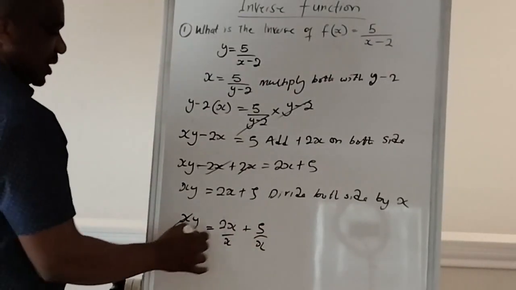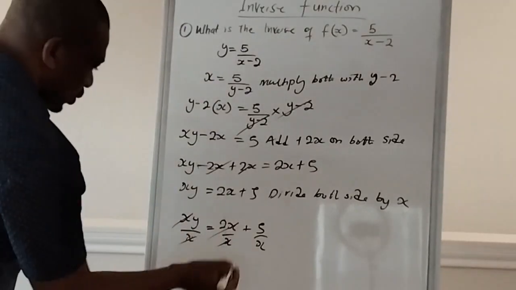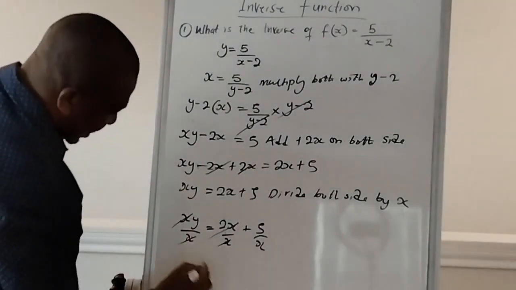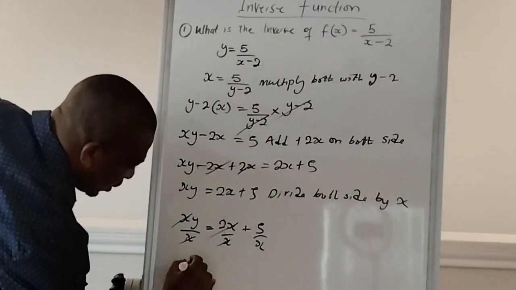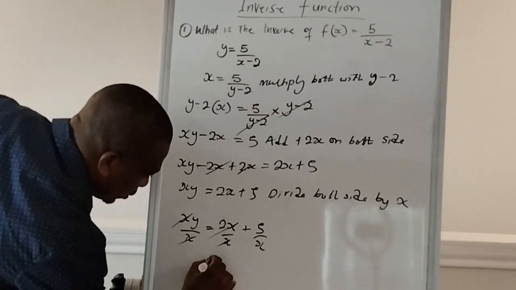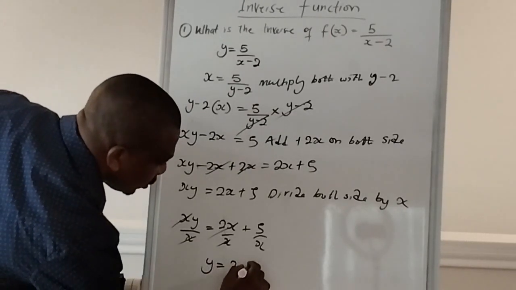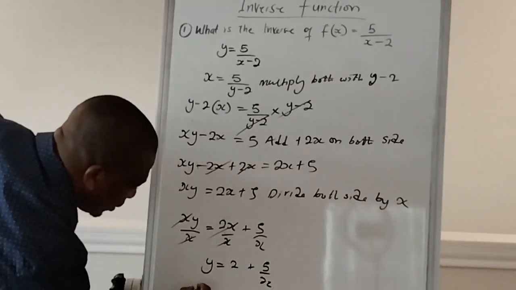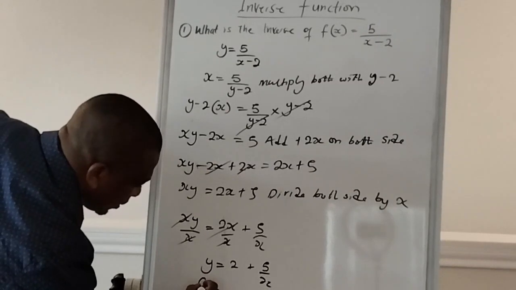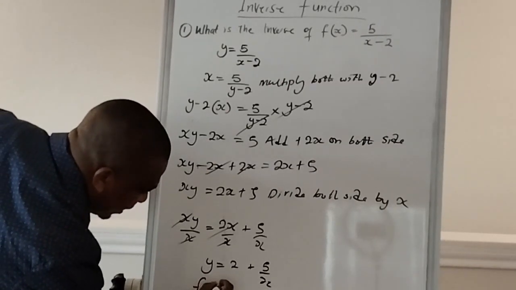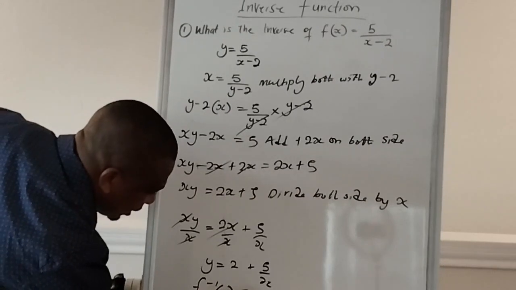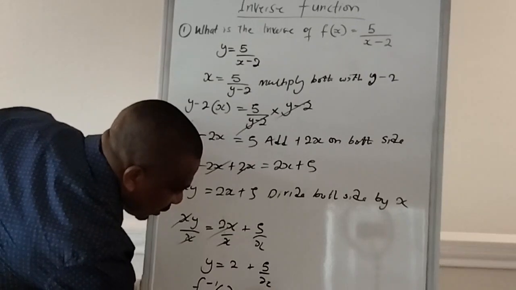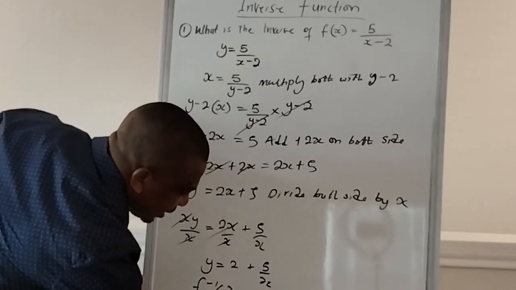The x cancels, and we're left with the inverse of this function as y equals 2 plus 5 all over x. The inverse function is 2 plus 5 over x.